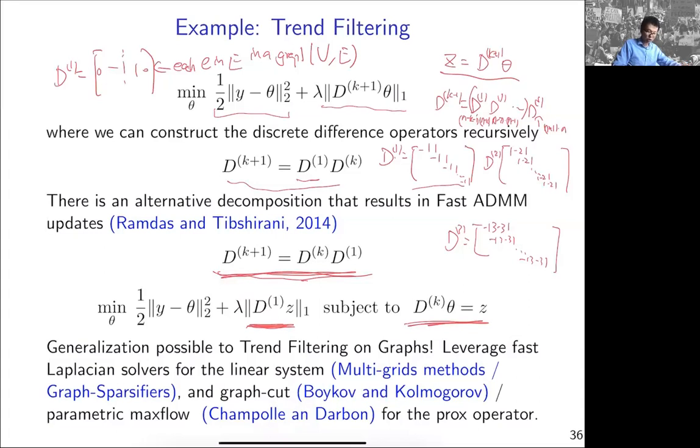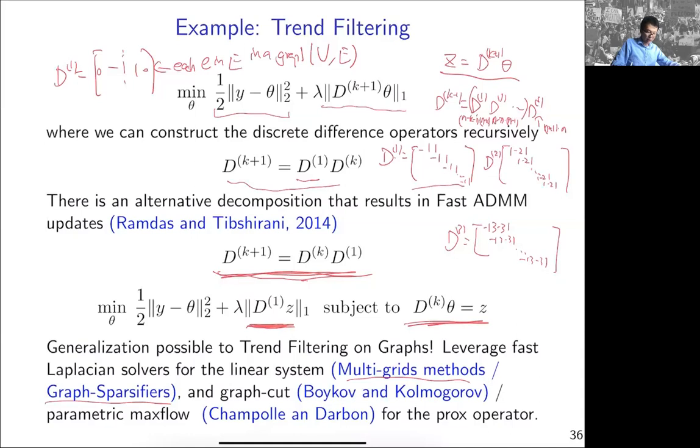In those cases, the linear system, instead of being a simple banded diagonal matrix that you can solve with Gaussian elimination, becomes a Laplacian type system. When you have a Laplacian type system, there are multi-grid solvers and graph sparsifier based preconditioners that allow you to solve it in almost linear time, proportional to the number of non-zero elements.